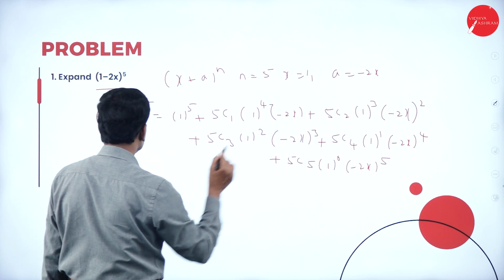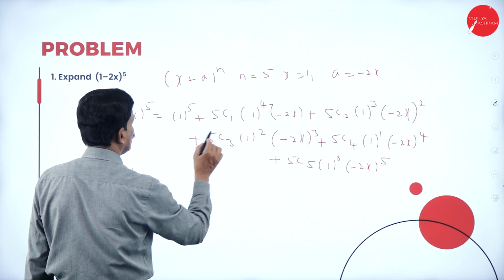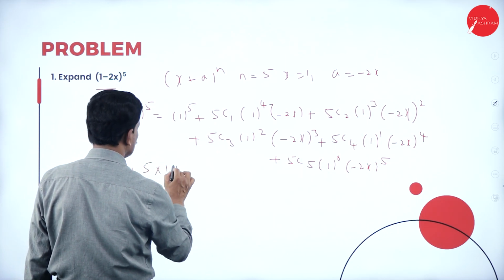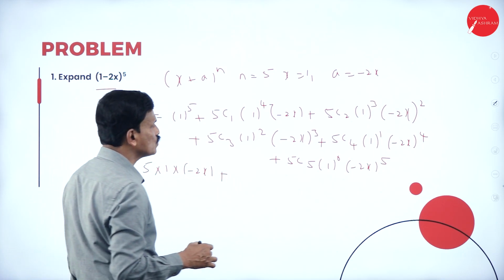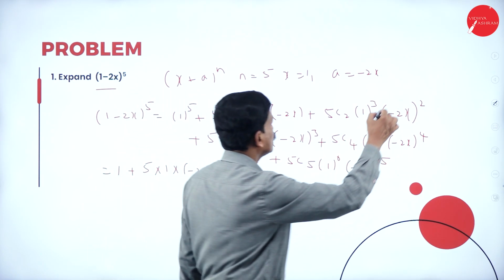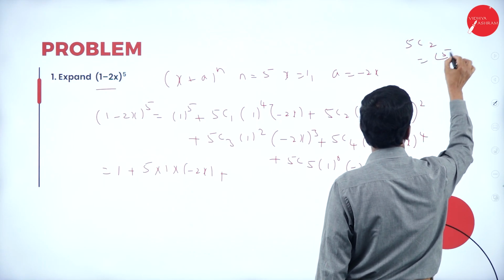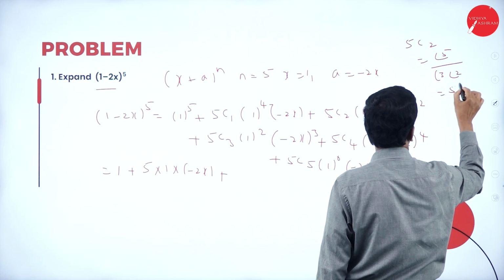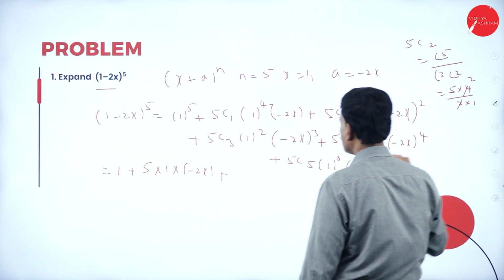Now 1 raised to 5 can be written as 1 plus 5c1, which is 5, into 1 to the power of 1 is 1, into minus 2x, plus 5c2. The value of 5c2 is factorial 5 divided by factorial 3 into factorial 2, that is 5 into 4 divided by 2 into 1, that's equal to 10.